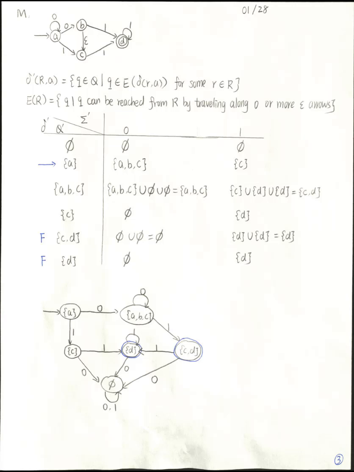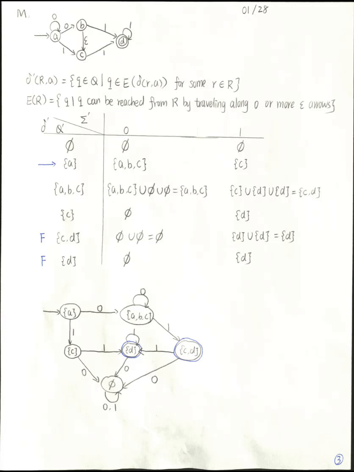For the start state, the principle is the same. The start state of this DFA needs to be the set of states that can be reached from the start state of this NFA by consuming nothing. If you have epsilon transitions, you should consider the start state of this NFA and all the states that can be reached from the start state by consuming only epsilon transitions. And we call that the closure of a set.